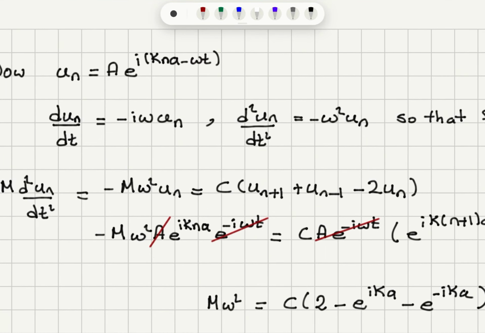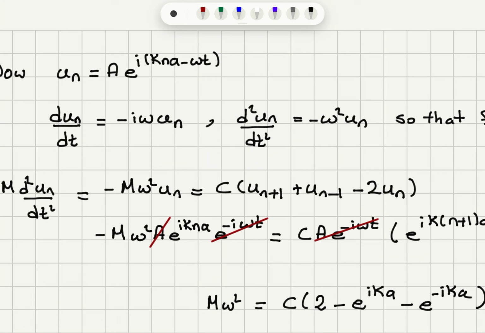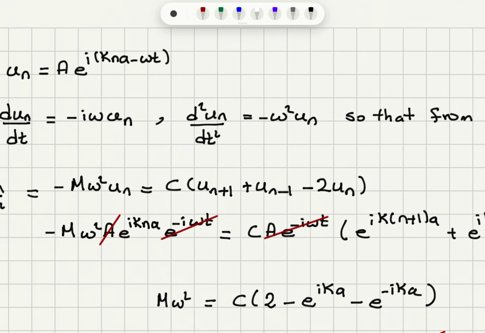So I need the time derivatives. The first time derivative will give me minus i omega times u_n, and the second time derivative will give me minus i omega squared, which is i squared omega squared, which is minus omega squared u_n.